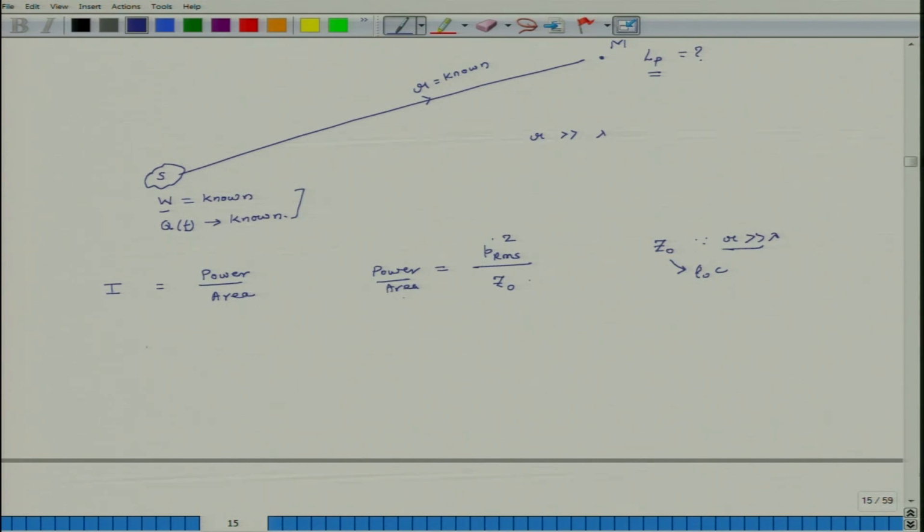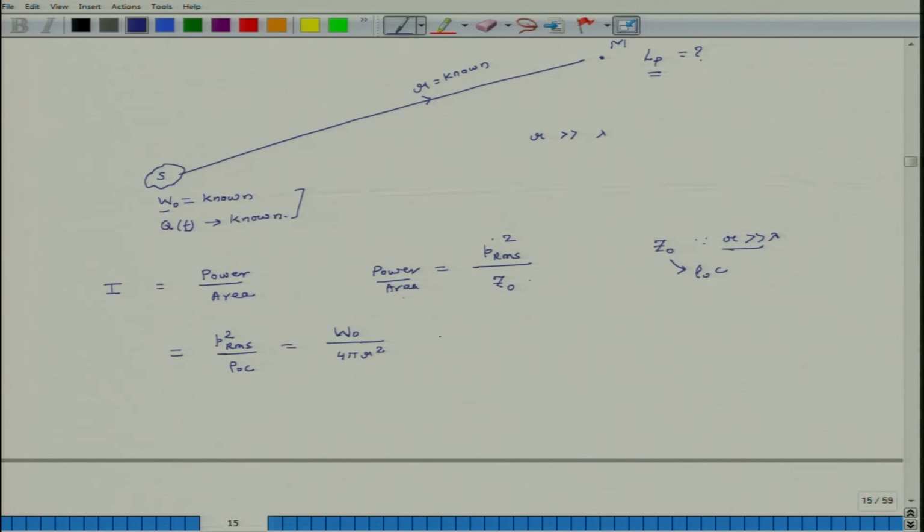So, acoustical intensity is P RMS square divided by rho naught C, and that equals W naught, the watts produced by the source, divided by area, and what is the area? 4 pi r square.